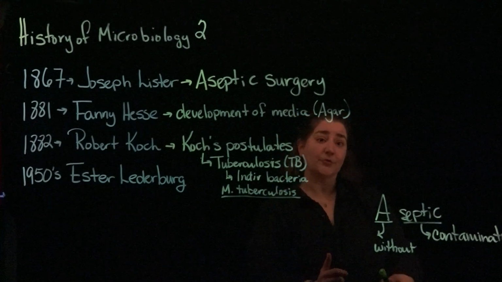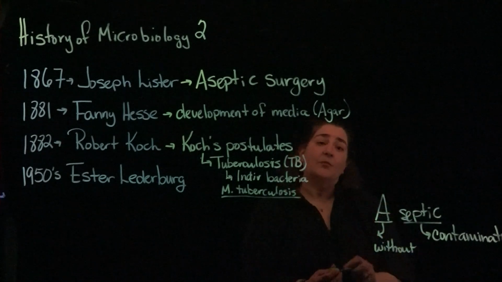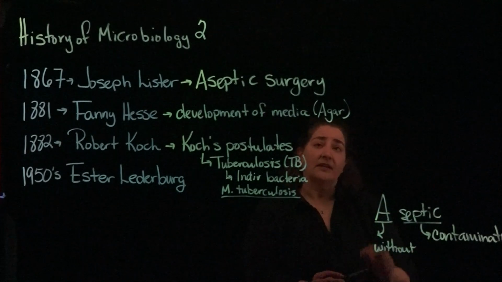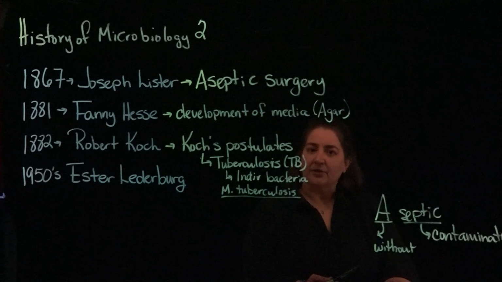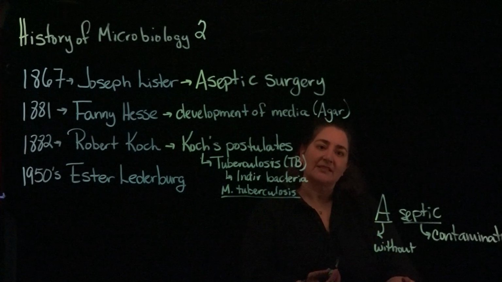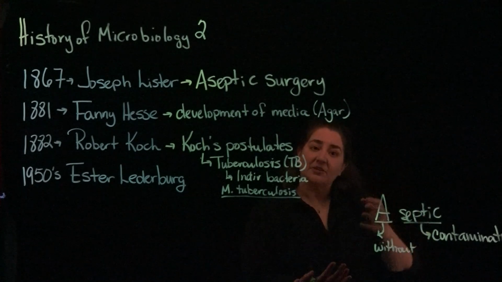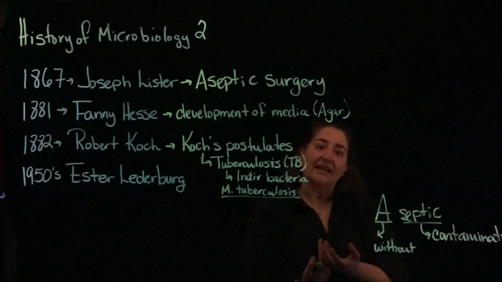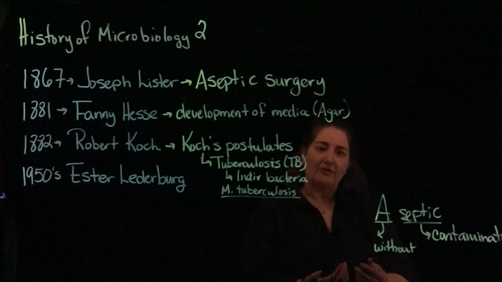Her husband, Walter, was. And she worked with her husband. But with Fanny's experience cooking, she discovered that the substance agar worked as a much better culture medium than what they were using at the time, and what they were using at the time was gelatin. Bacteria could dissolve that gelatin and liquefy it. Agar didn't have that property.